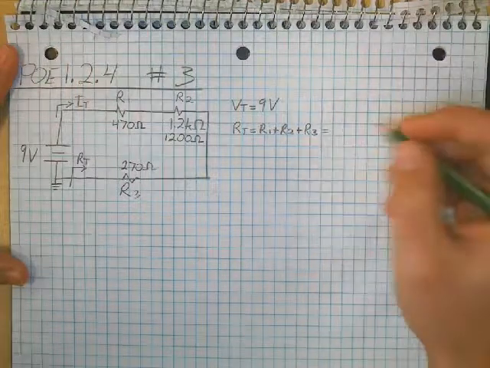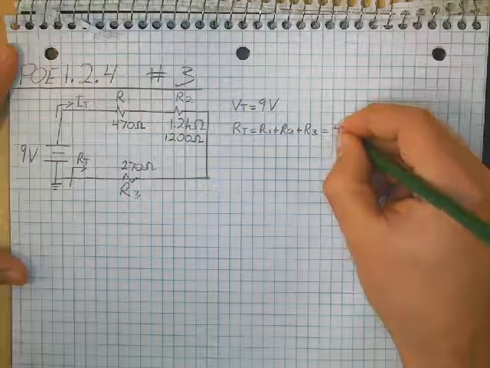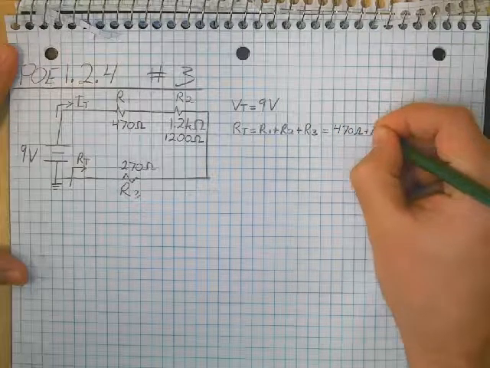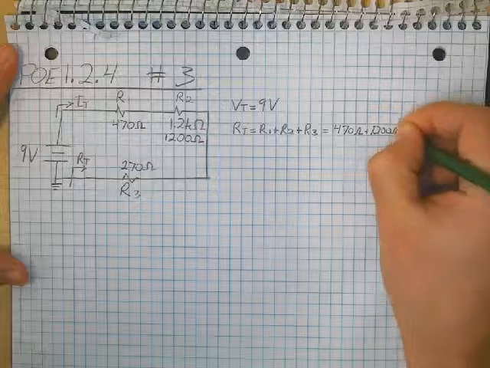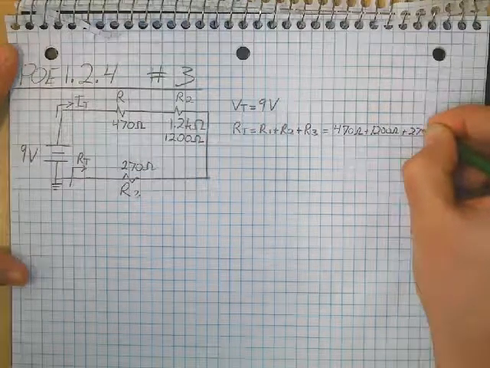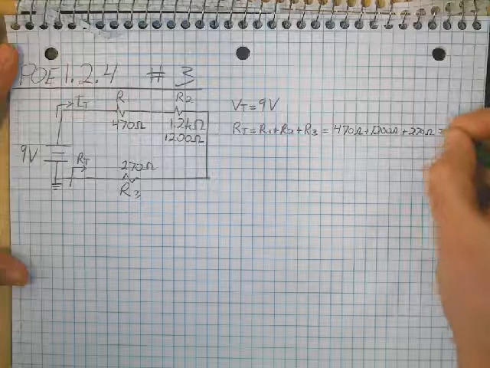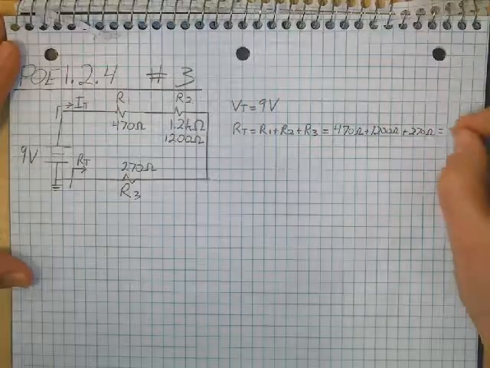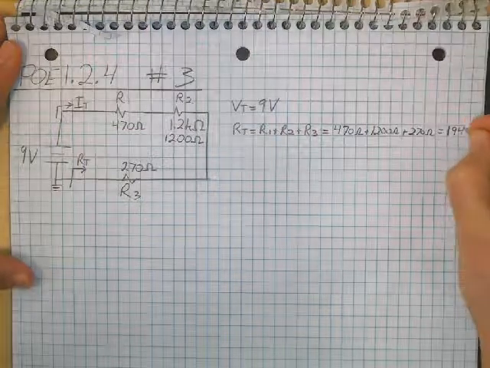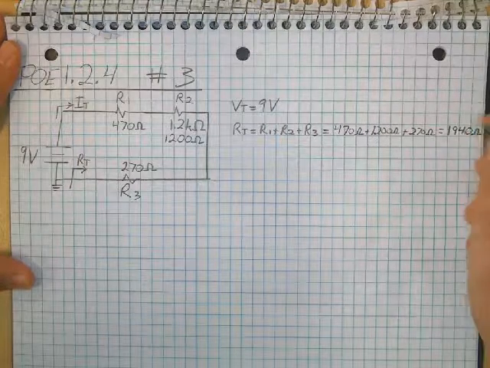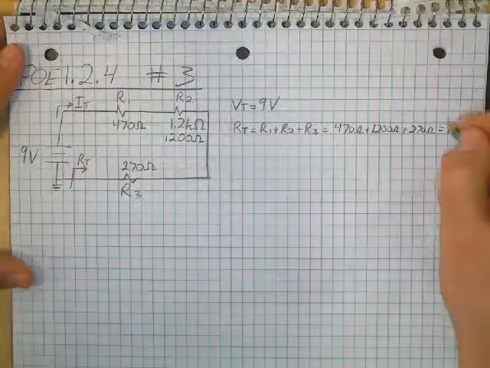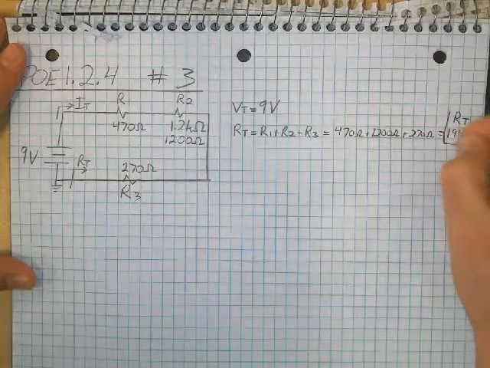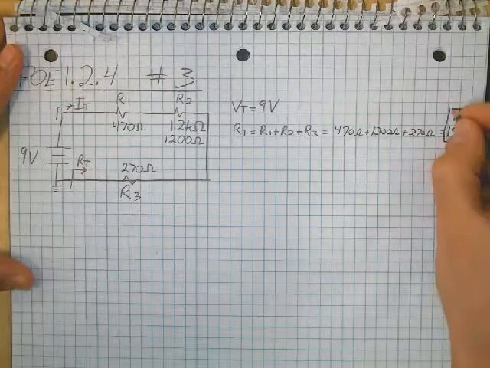And so we'll plug that in, and we'll say 470 plus 1200 plus 270, and that's going to give us our total of 1,940 ohms. And there is our RT.